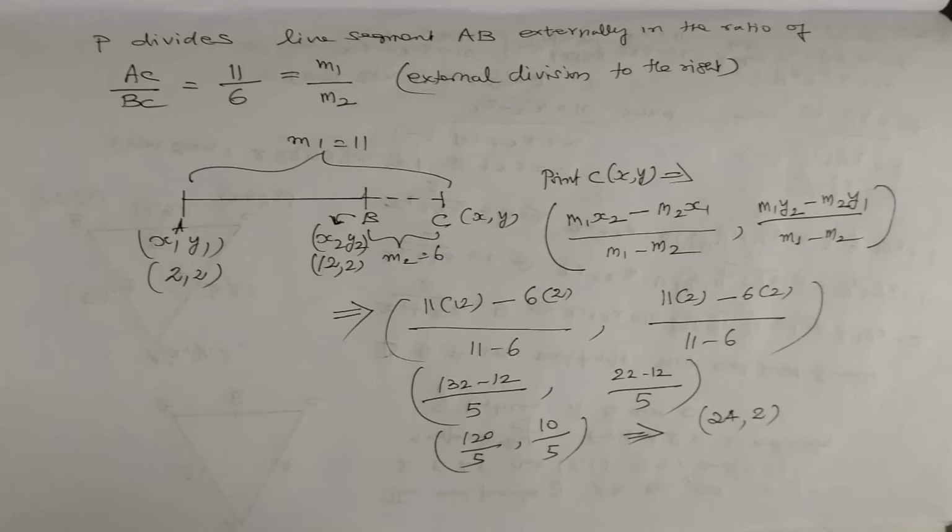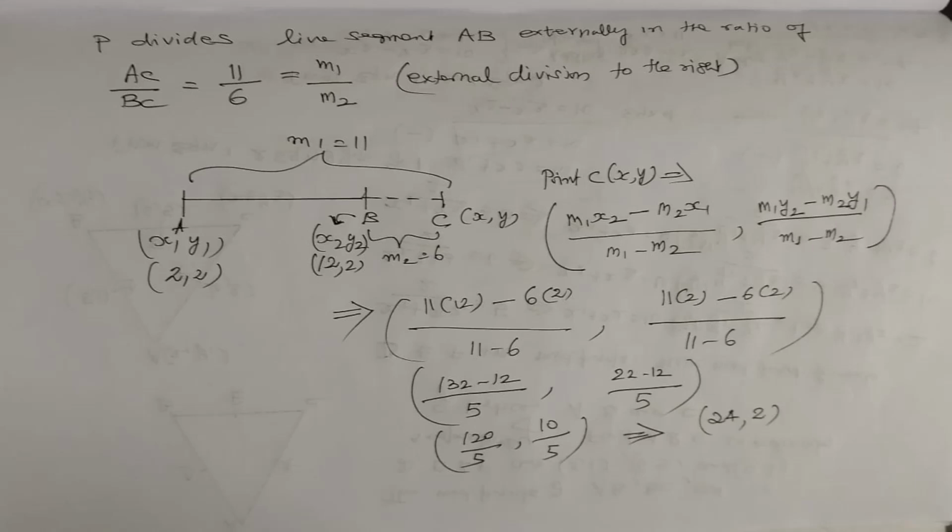Then applying for point C external division, (m1x2 - m2x1)/(m1 - m2), (m1y2 - m2y1)/(m1 - m2). Solving this and substituting the coordinates x2, x1, y1, y2, you get (24, 2).